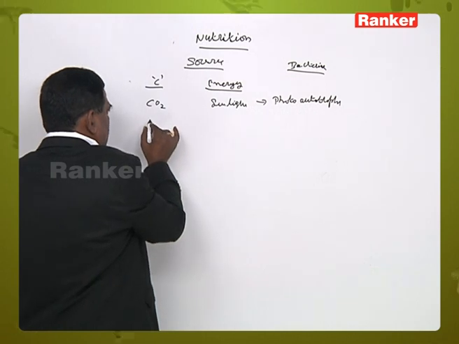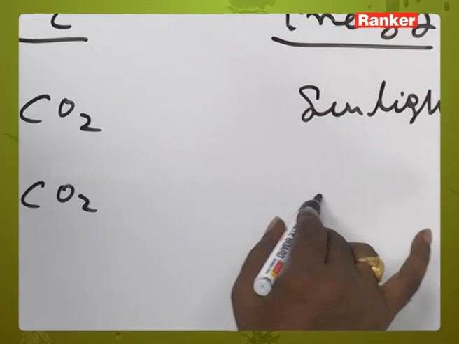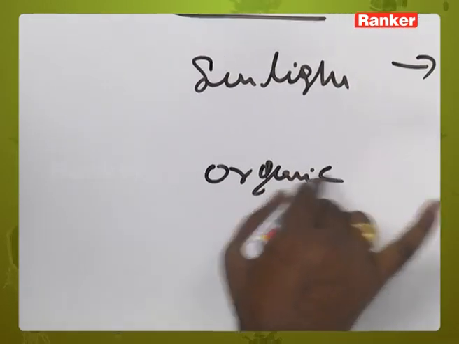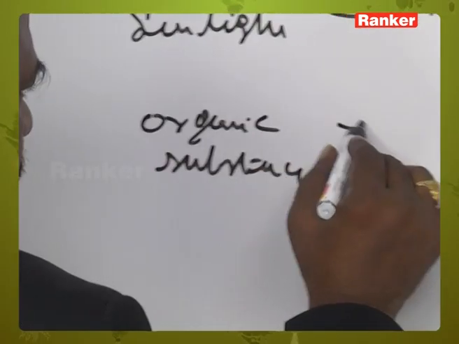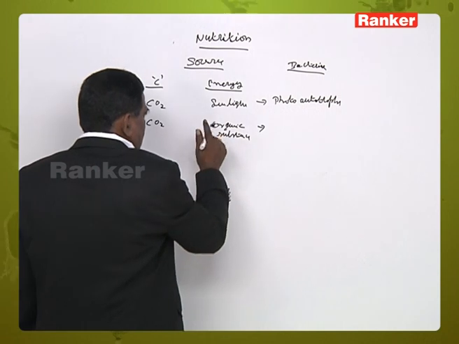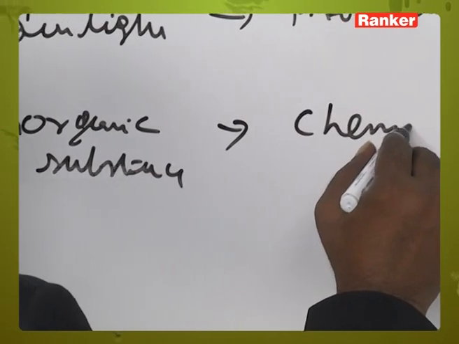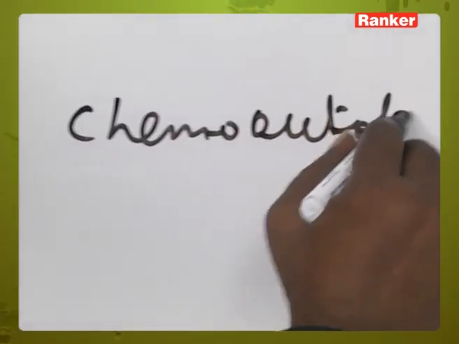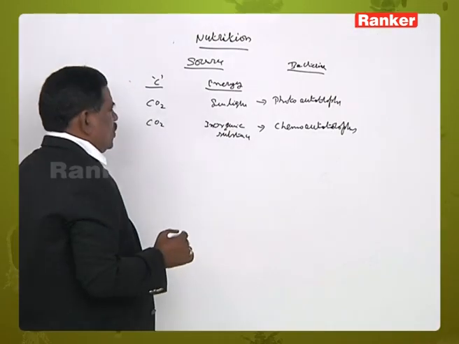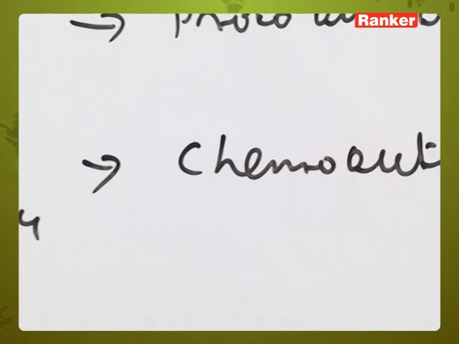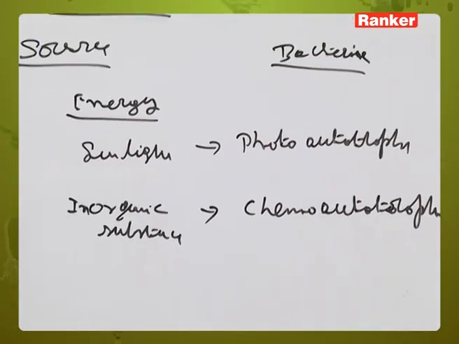Source of carbon, carbon dioxide. Energy source, inorganic substances: chemoautotrophs. Source of carbon is carbon dioxide and energy is from inorganic substances. Such bacteria are called chemoautotrophs.